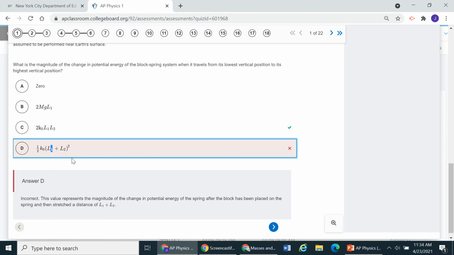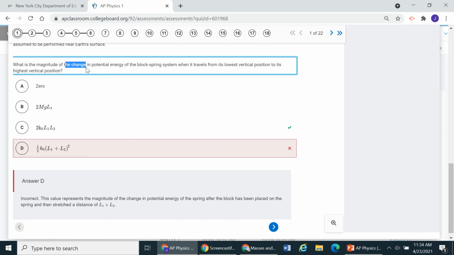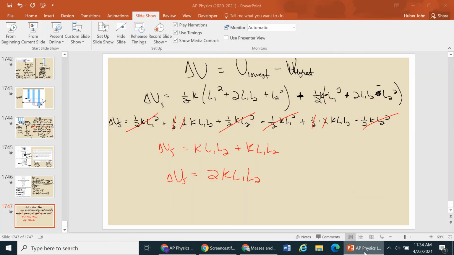But notice 1/2 k naught L1 plus L2 squared is the potential energy at its highest point. Here it's asking for the change. And if we're trying to find the change or the difference between two values, and this is just showing one of those values, that can't possibly be it. And so because it can't be A, B, or D, if you really think about it, then the answer has to be C.